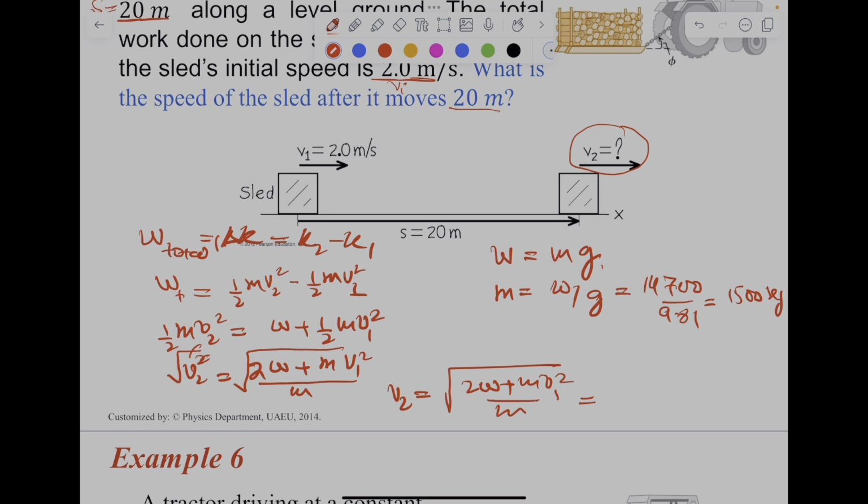When we substitute the values, we get velocity 4.2 meter per second. So this is how we calculate the velocity.